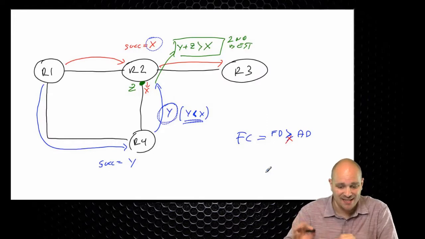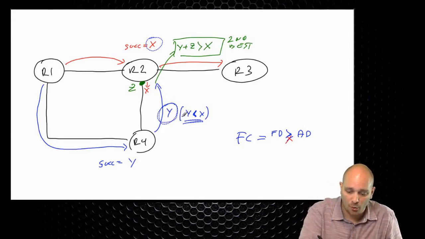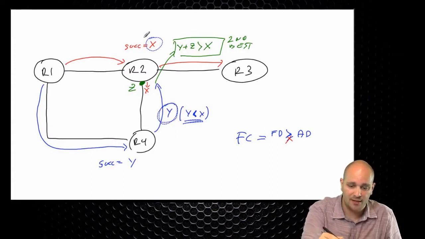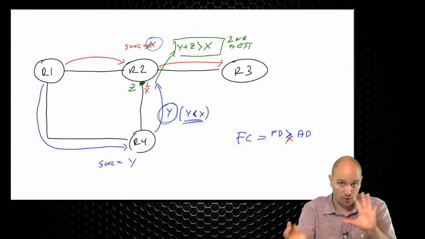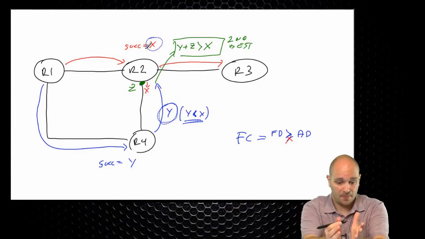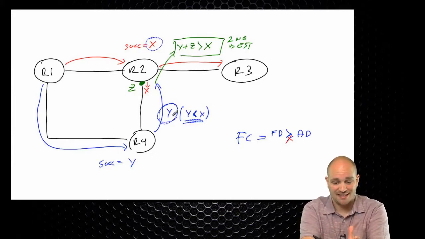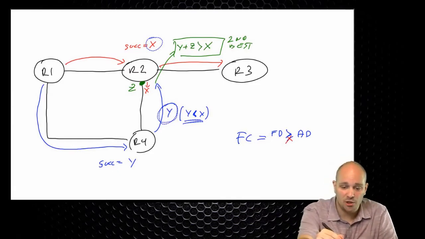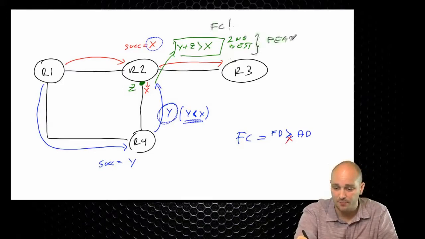So in this case here, this is true. Our low value Y, the advertised distance, is lower than the feasible distance. So if we turn this around, the feasible distance is actually higher than the advertised distance. We say that here the feasibility condition does exist, and this second best route becomes a feasible successor.